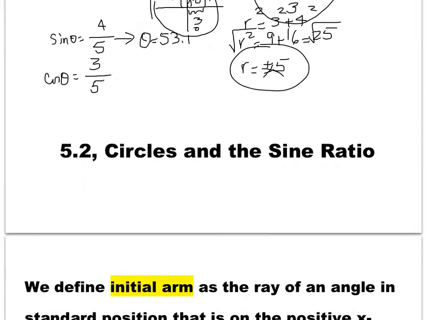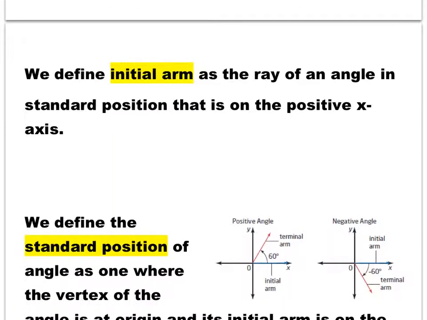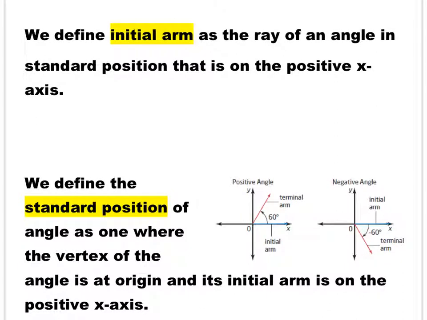Okay, now going through the definitions here. Again, we are going to define the initial arm as the leg of an angle which is going to be on the positive x-axis. Meaning this angle has this arm on the positive x-axis. This is what we call the initial arm.